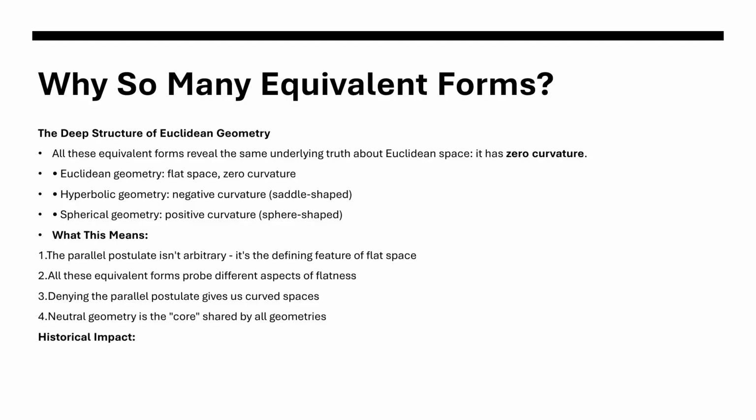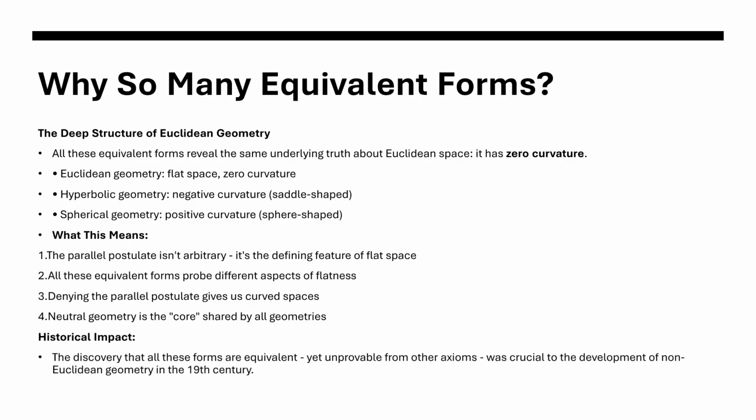Historical impact: the discovery that all these forms are equivalent yet unprovable from the other axioms was crucial to the development of non-Euclidean geometry in the 19th century. For 2000 plus years, mathematicians tried to prove the parallel postulate from the other axioms.